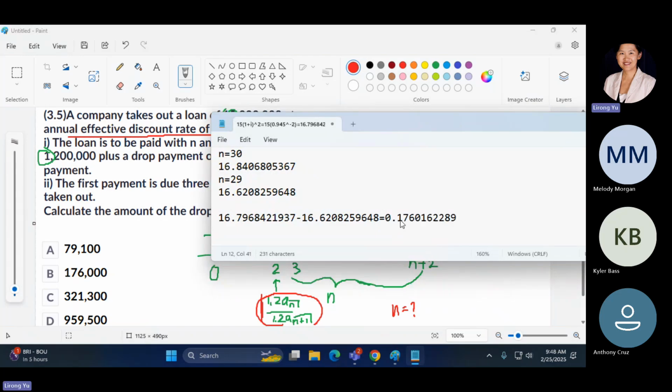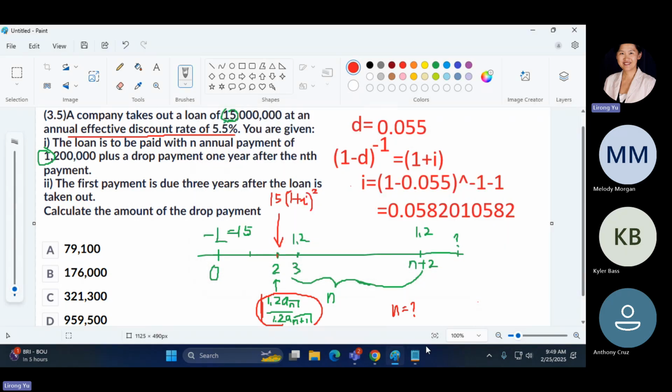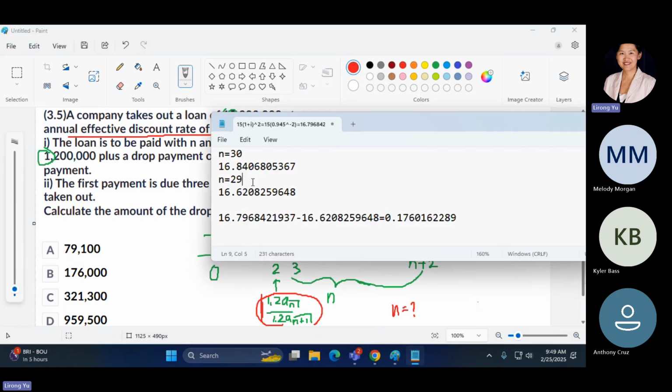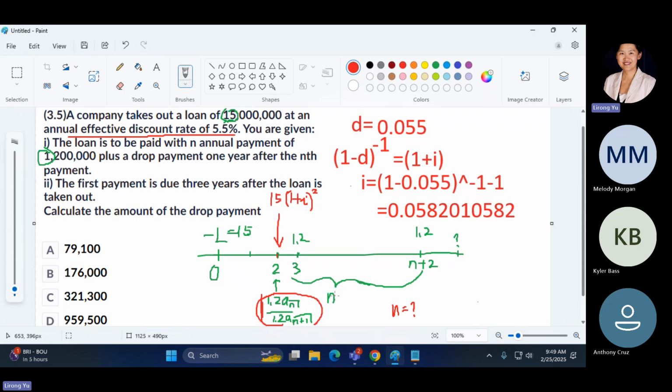We need to find its future value because it's paid after n payments, right? In this case, our n is supposed to be 29. That's the one that we're actually using, n equals 29 payments. So 29 payments later, we're finding its future value.